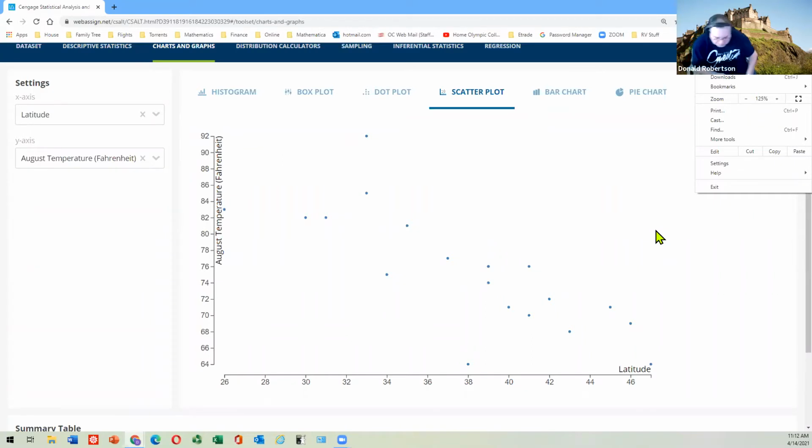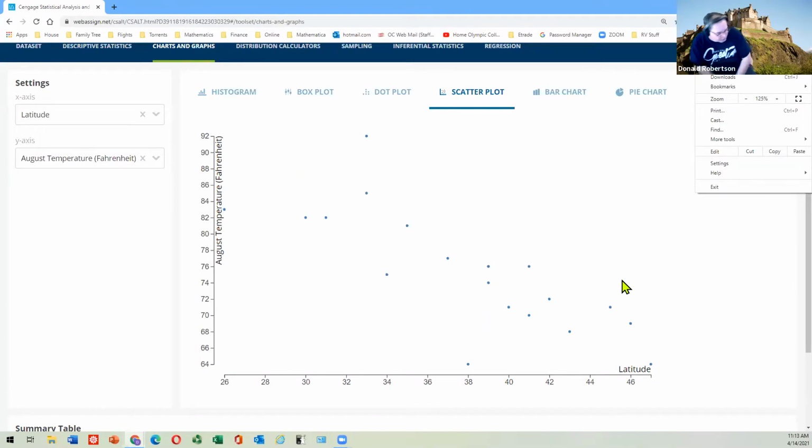Now, if you can imagine my sausage, there's a couple of candidates for probably being outliers. Would you agree? That guy way up there looks to me to be kind of separate from the main sausage. The main sausage is here.